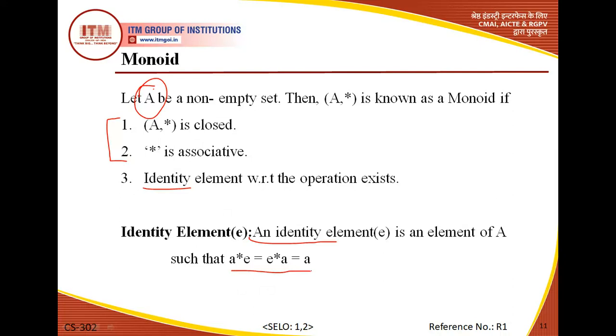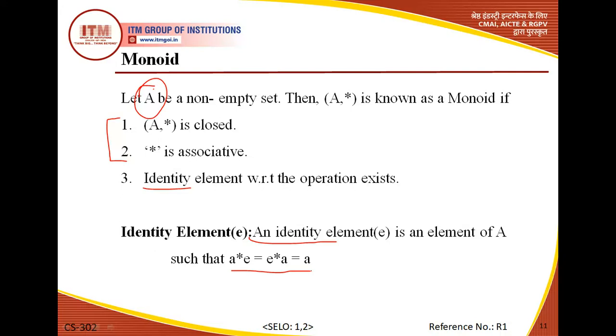What's happening over here is that if you select that particular element that we are calling the identity element, and you operate that element with all the other elements of the group, from the left-hand side or from the right-hand side, the answer that would come is A only.